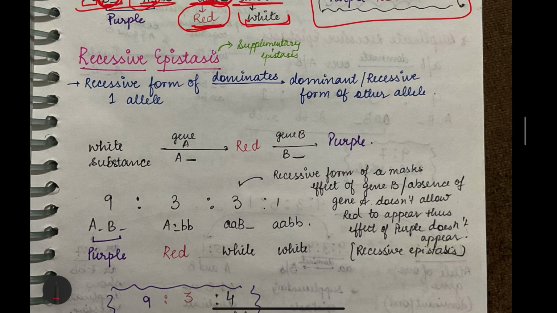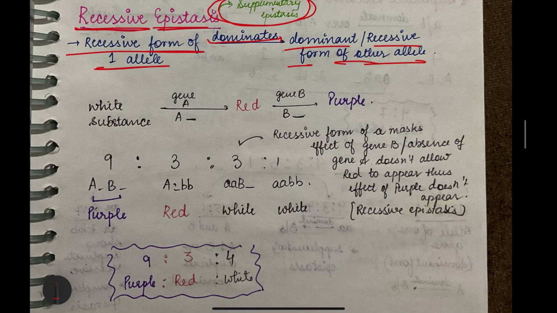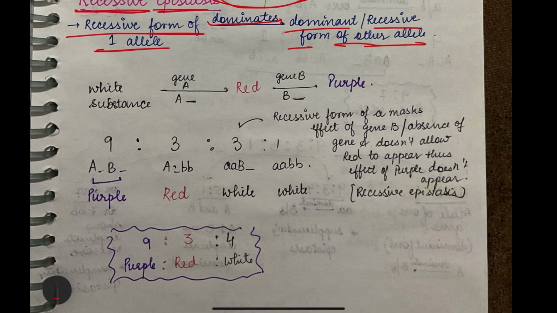Okay. So here we got recessive epistasis as our second case, also known as the supplementary epistasis. Here the recessive form of one allele dominates over the dominant or recessive form of the other allele. So let's see how. Here we had the white substance as the precursor.